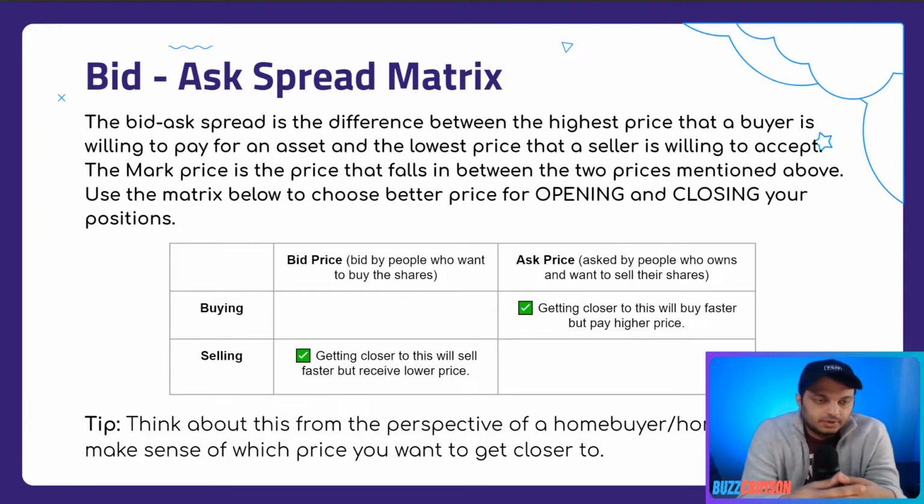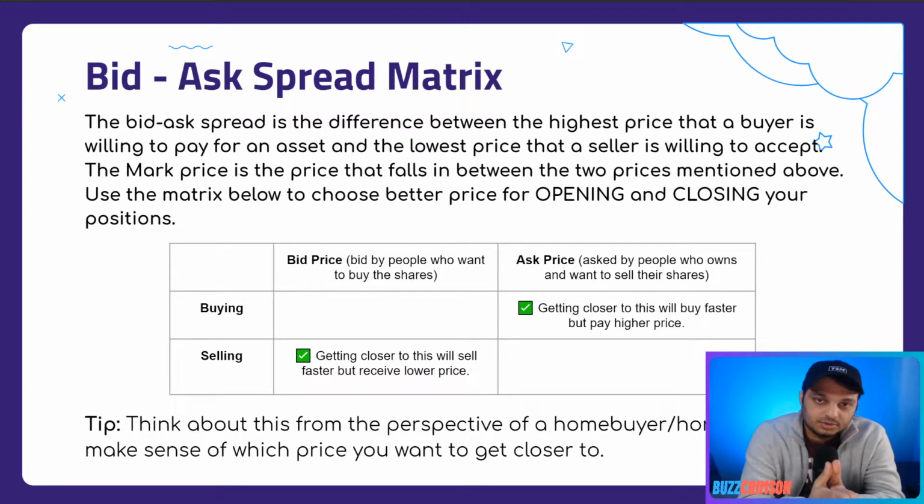All right, so we're now looking into the bid and ask spread matrix, okay? So if you're confused about what it is, if you're not sure, read through the first paragraph. But essentially, you need to know how to choose the proper limit price to make sure your order gets filled. And yeah, essentially, you want to make sure that you choose a good price for opening and closing your trade.